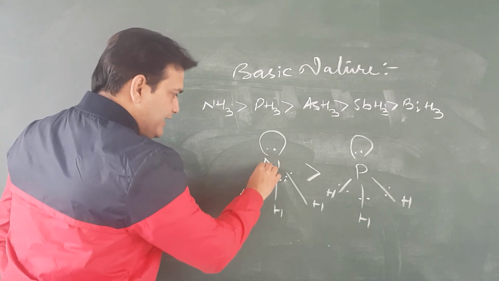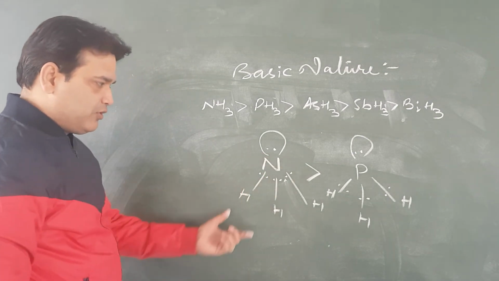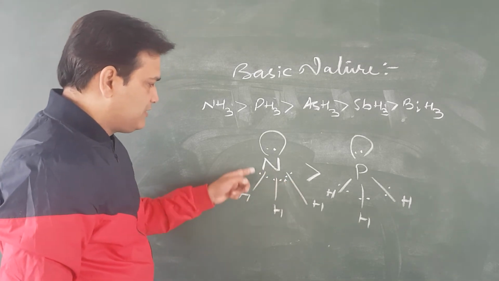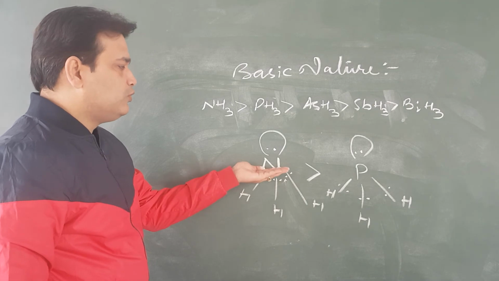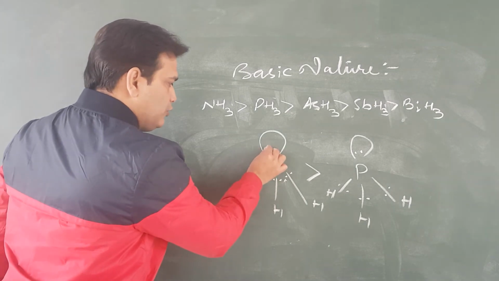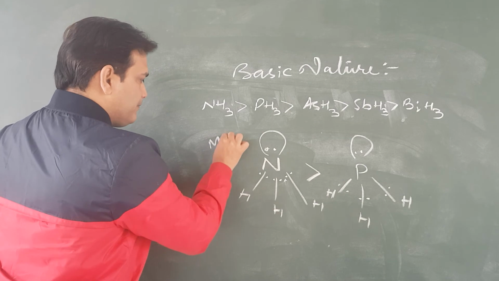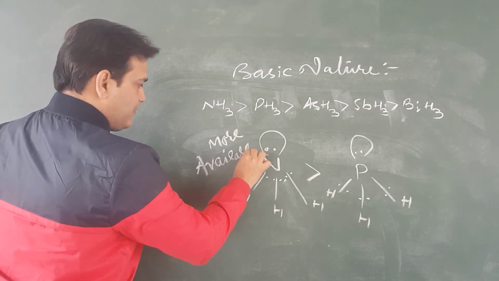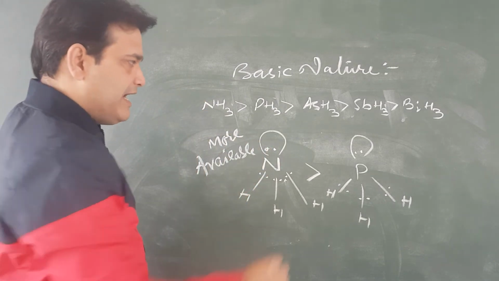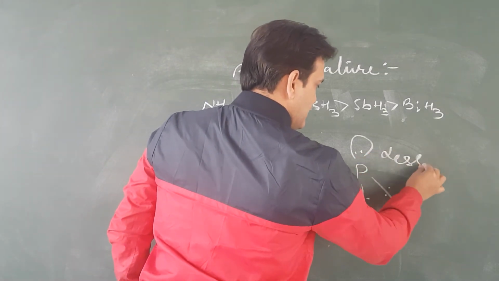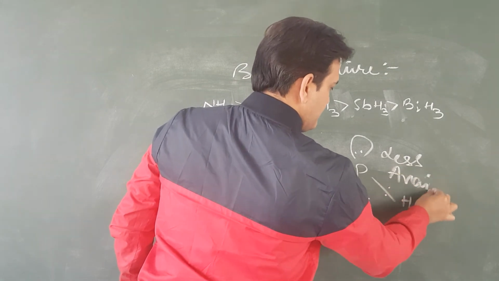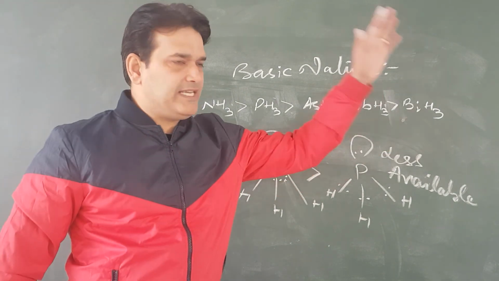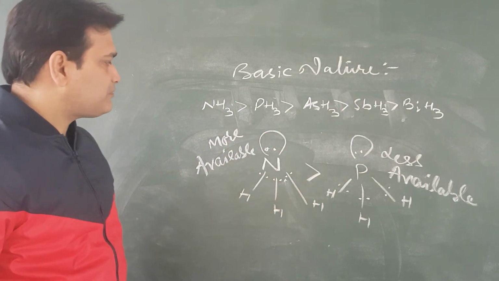Because of high electronegativity of nitrogen, the bonding electron pairs of the N-H bonds are more close to nitrogen, and this lone pair is more available for donation, and this lone pair is less available, and down the group the same trend will continue.